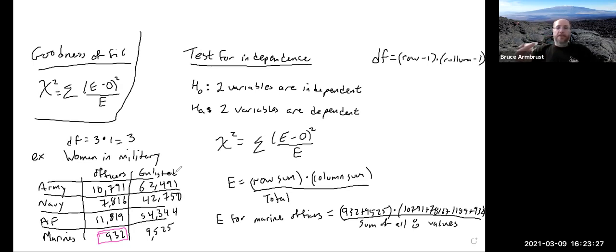So this is a situation, man, if you ever get a P of 0. Let's say you're doing this for something in your job or in your future class, and you do some sort of test and you get p equals 0. The first thing you should do is maybe just double check that you didn't make a mistake, because that's kind of rare. But if you do get p equals 0, that's a great thing, because you're going to be supremely confident in your decision to reject the null hypothesis.